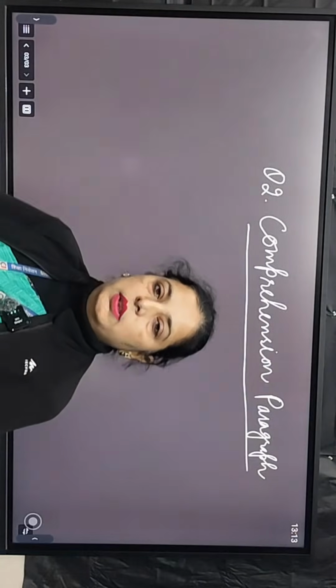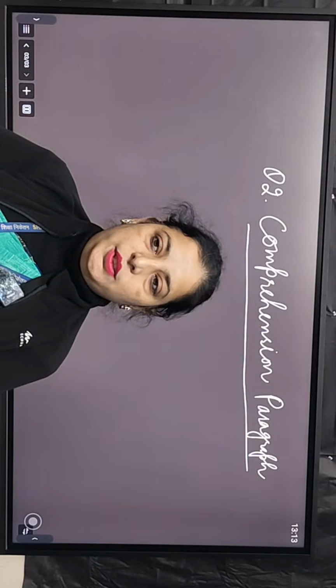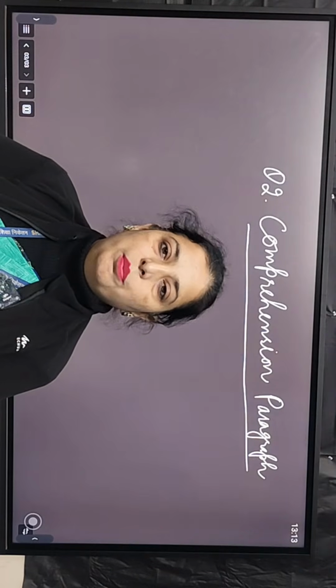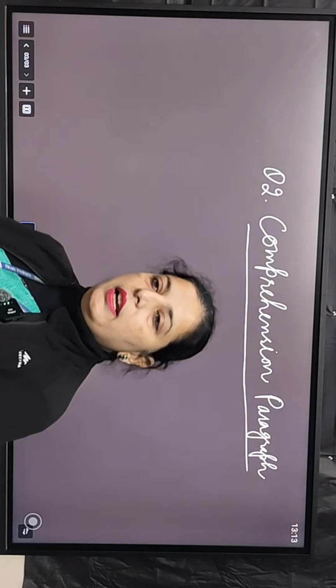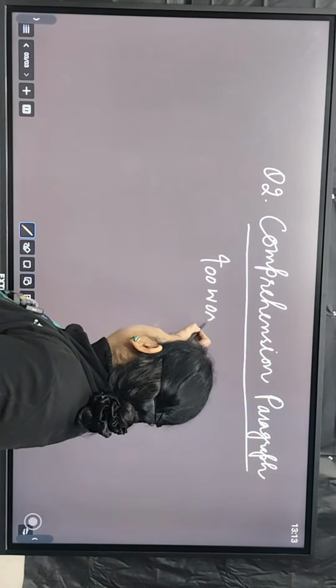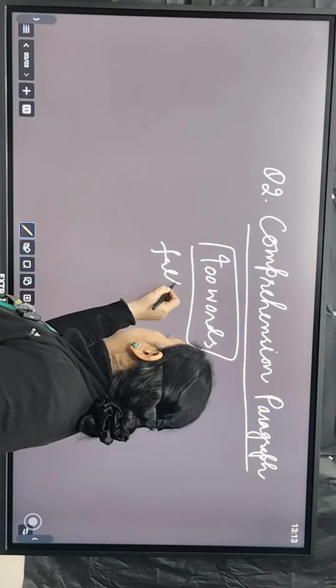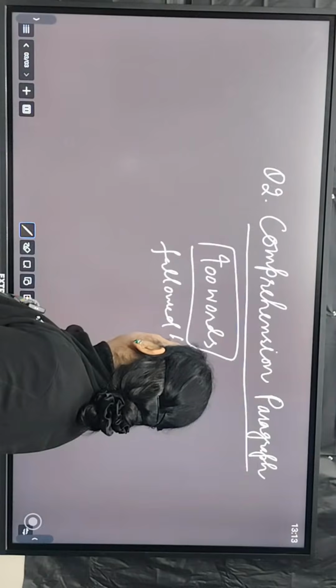Again, in question number 2 of section 1 or section A, reading comprehension, you will get a second question on a comprehension paragraph again. But again, you will get a 400 words long paragraph, followed by 10 questions.